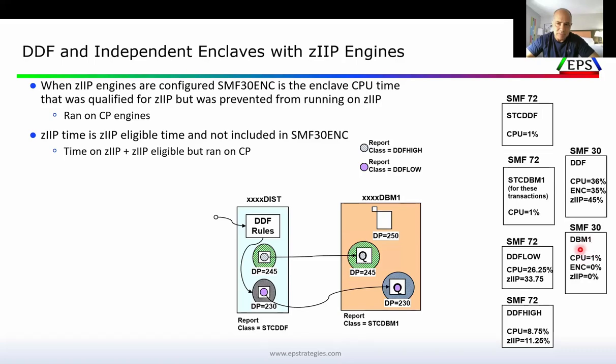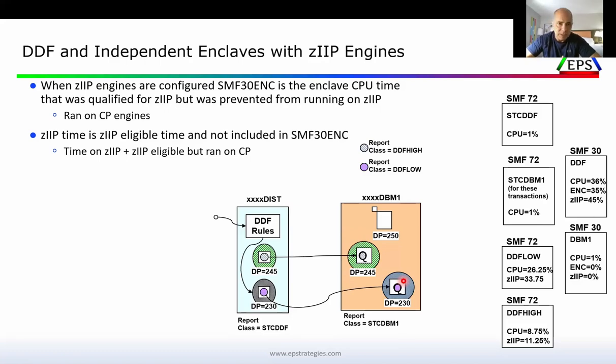So if I look at the CPU time for the DBM1, it's going to be similar to DBM1 CPU time in the SMF72. Relative to these transactions, it's not doing very much. But the CPU time of the transactions has to be accumulated to some address space. So what the operating system does, it accumulates the CPU time back to the address space that created the enclave.